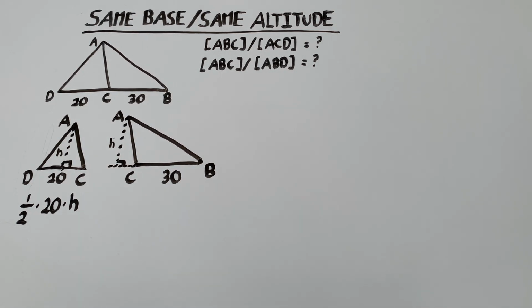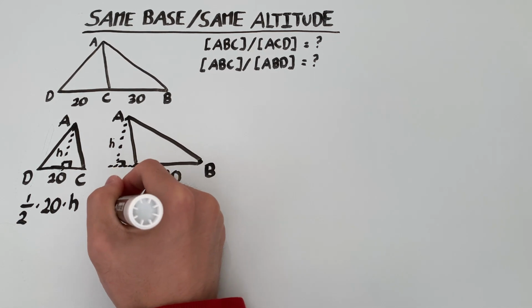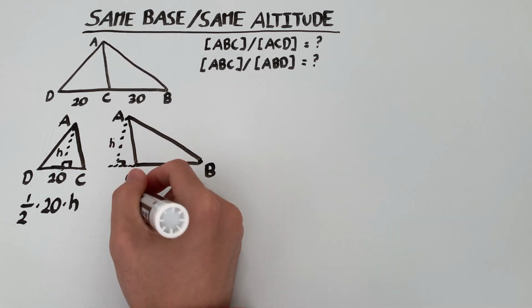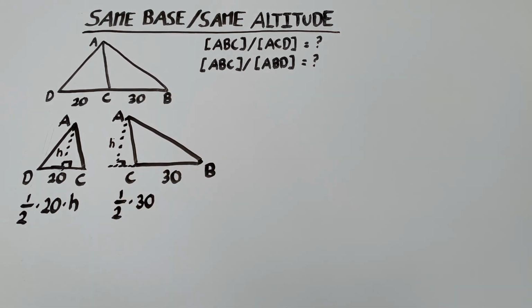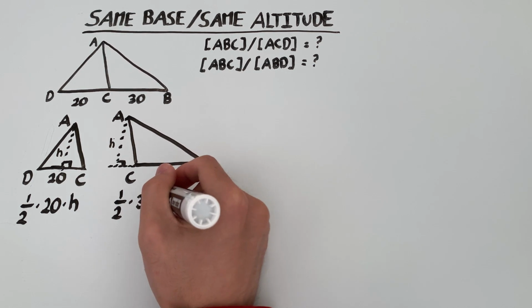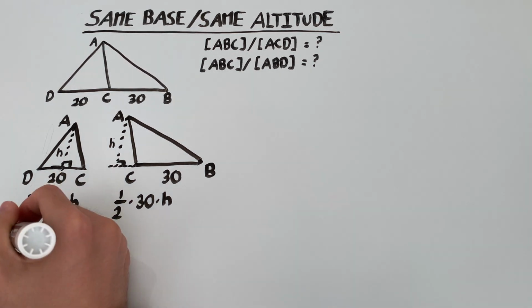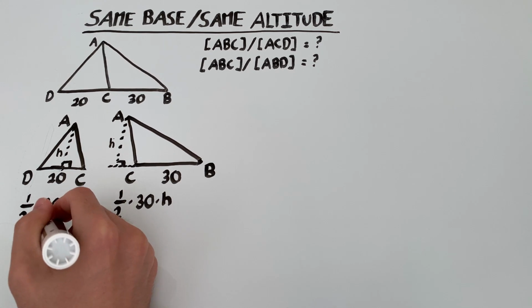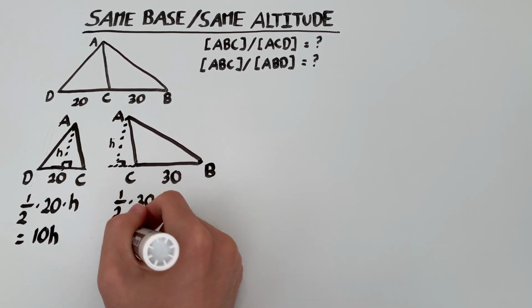And for triangle ABC, the area is going to be a half times the base, which is 30, times the height, which is also h. And when we simplify everything, this becomes 10h, and this becomes 15h.